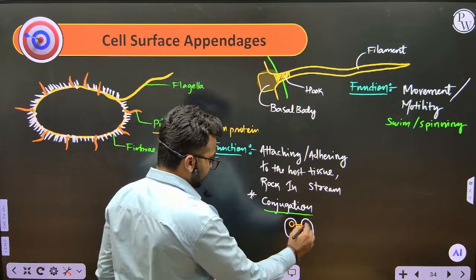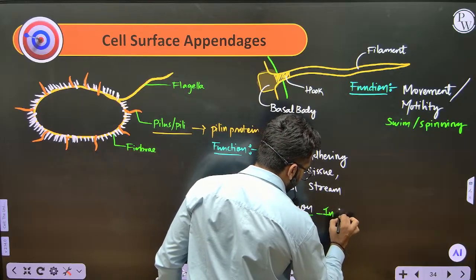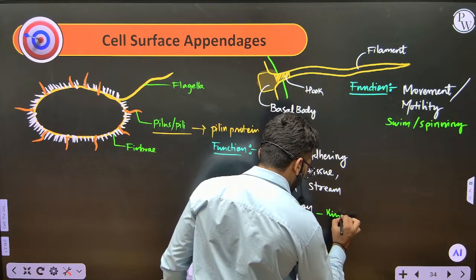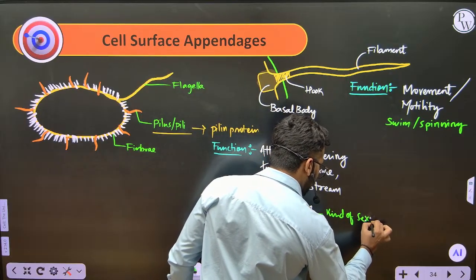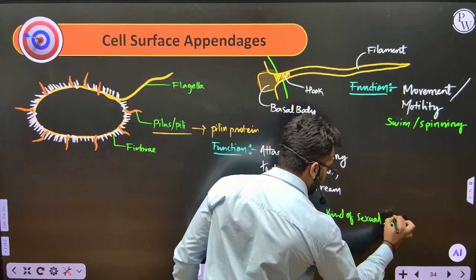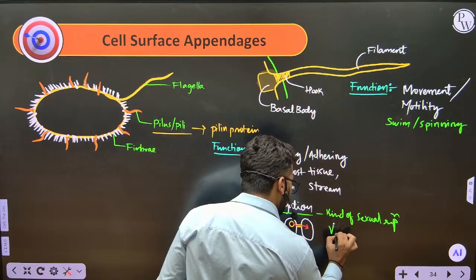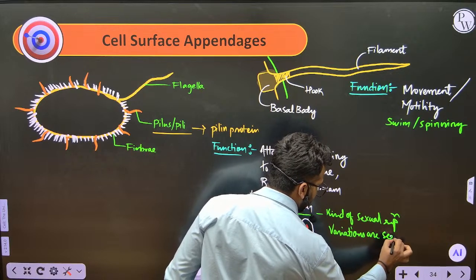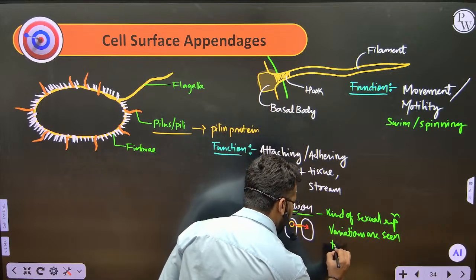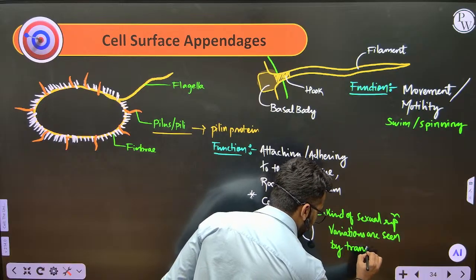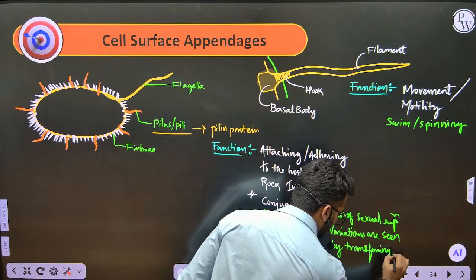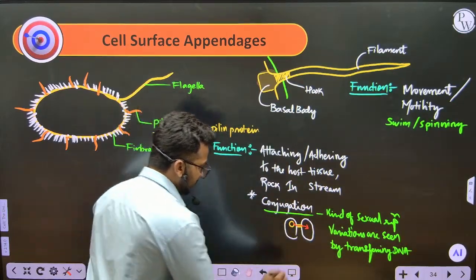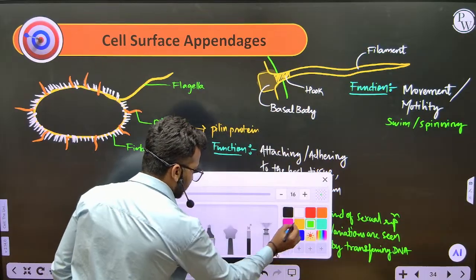This is used in a kind of sexual reproduction where variations are seen by transferring DNA through pilus here. This is pilus.